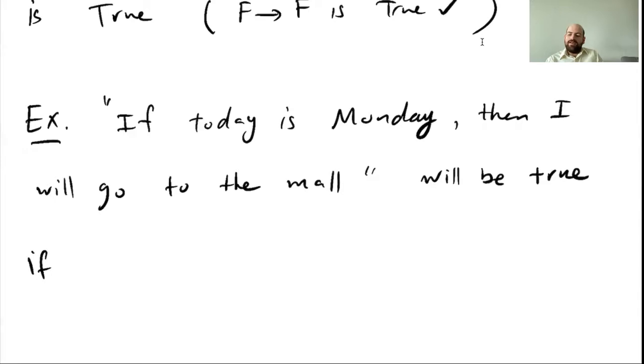If today is not Monday, I can still say this statement is true because the assumption does not hold, so the whole statement can still be considered true. So this will be true if today is not Monday, or if today is Monday and I go to the mall.